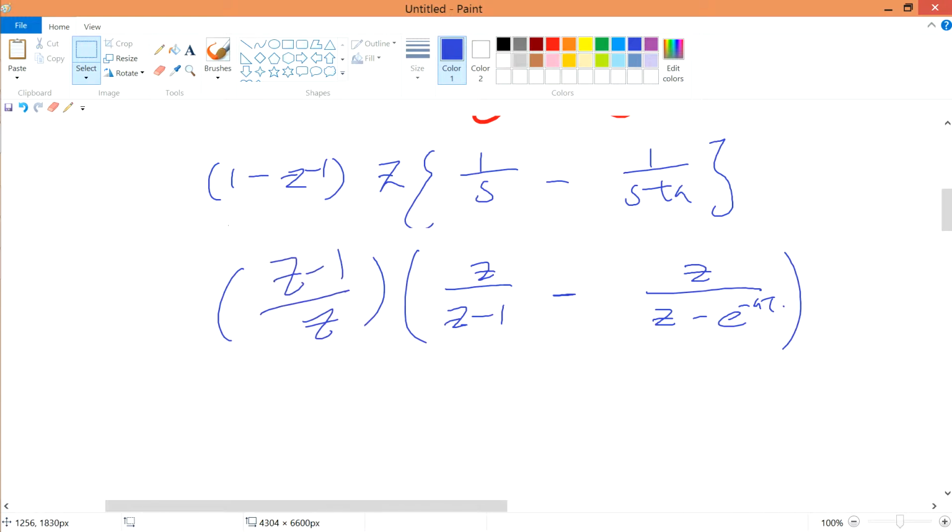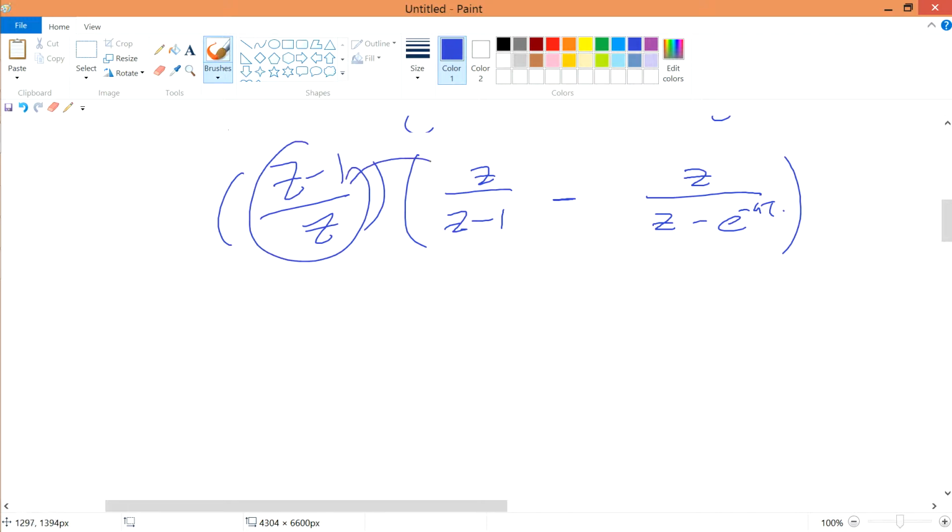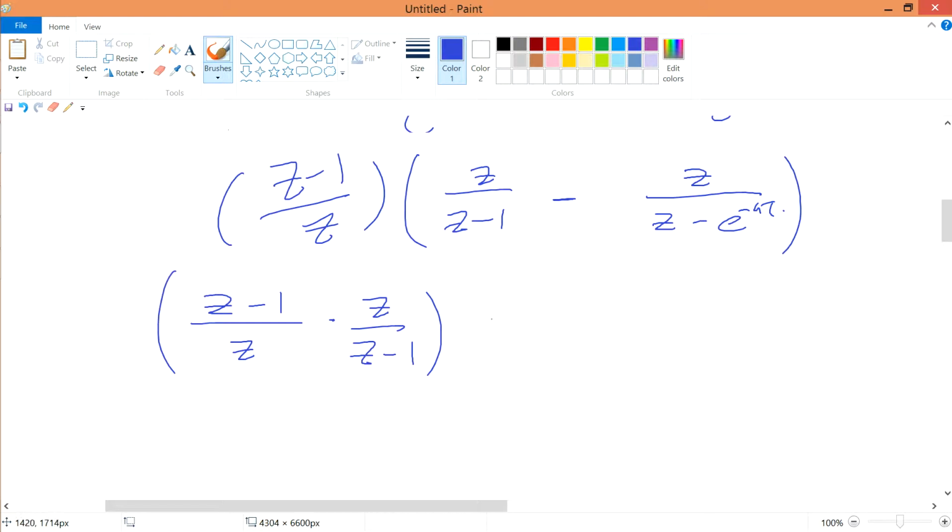Next I'll just simply multiply it into here and here. So I have z minus 1 over z multiplied by z over z minus 1. And then minus this thing over here, multiplied with this now, so I have z minus 1 over z multiplied by z over z minus e to the minus aT.